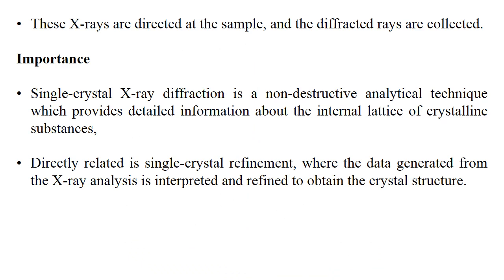The X-rays are directed at the sample and the diffracted rays are collected. A key component of all diffraction is the angle between the incident and diffracted rays. Powder and single crystal diffraction vary in instrumentation beyond this.